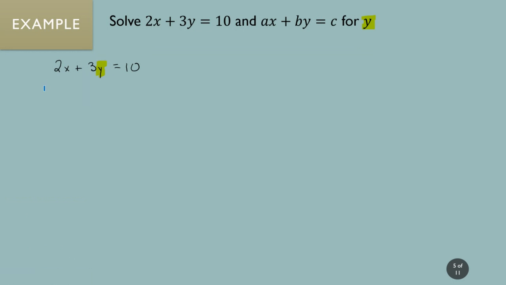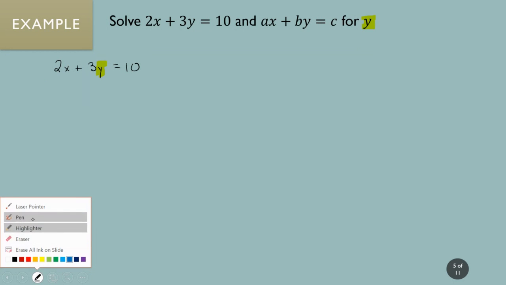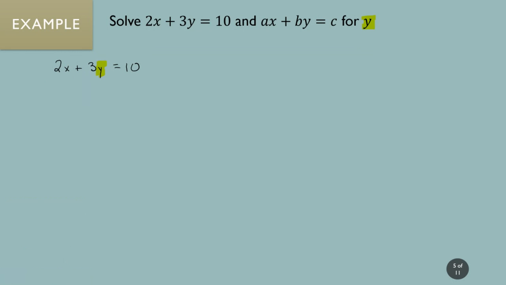So we are going to subtract 2x from both sides. I'm going to subtract 2x. And now I'm not going to put it underneath the 10 because the 10 and the 2x are not like terms. You can pretend that there is a 0x up there if it makes it easier for you.